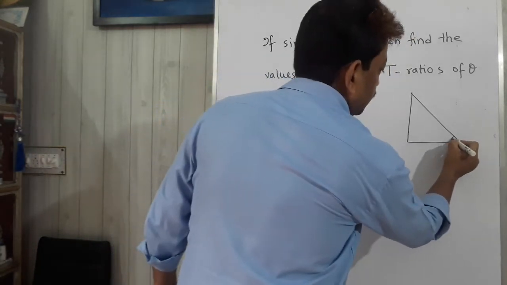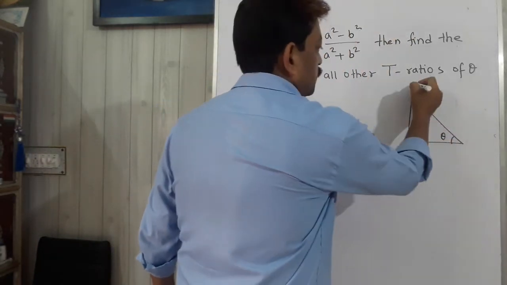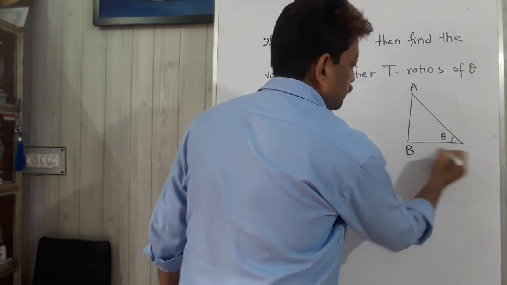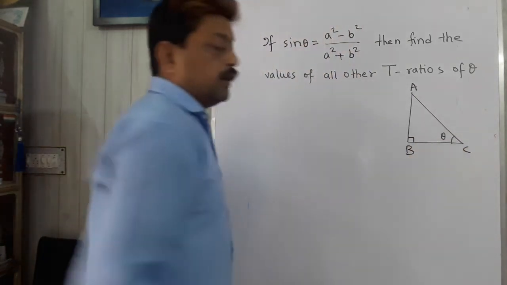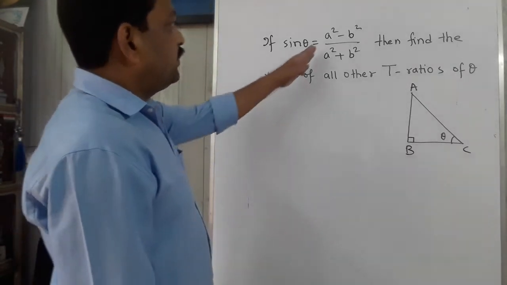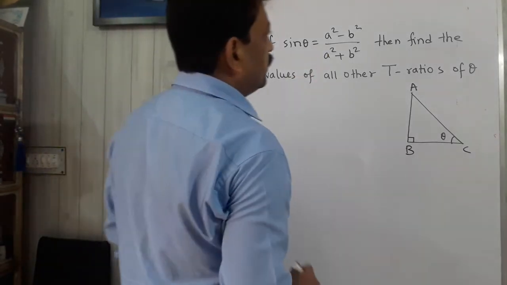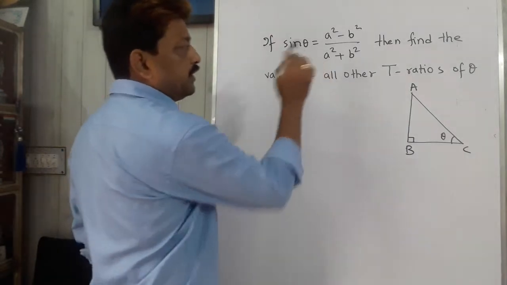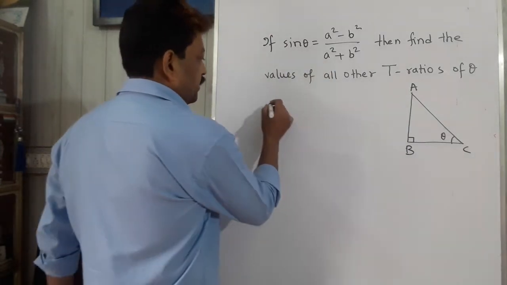This is angle theta. Suppose the triangle is ABC, where angle B is 90 degrees. Now it is given sin theta equals a square minus b square upon a square plus b square.